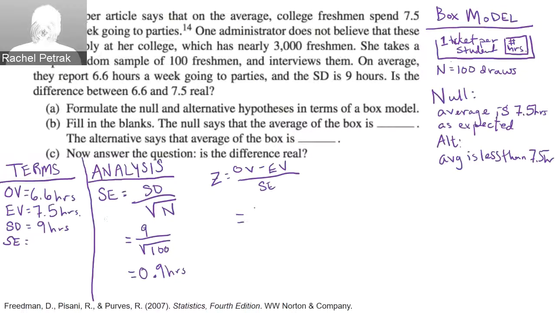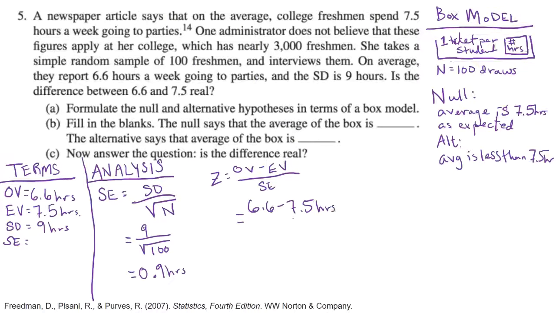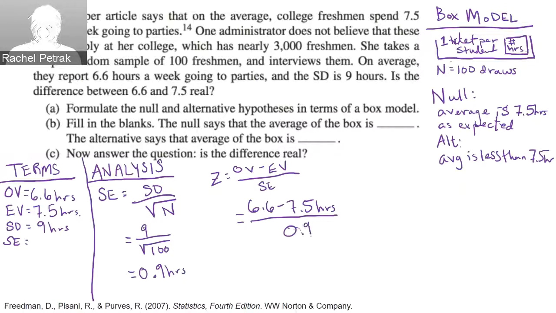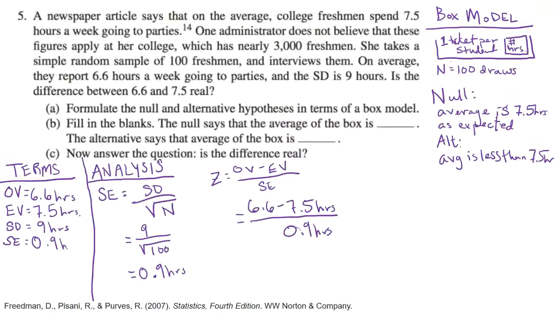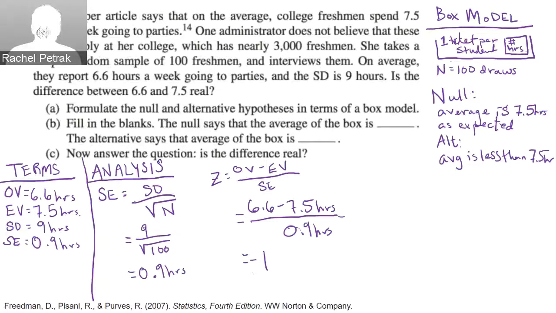And we can substitute in our values here, 6.6 minus 7.5 over our standard error of 0.9 hours. Thank you, -1. So our z is -1.